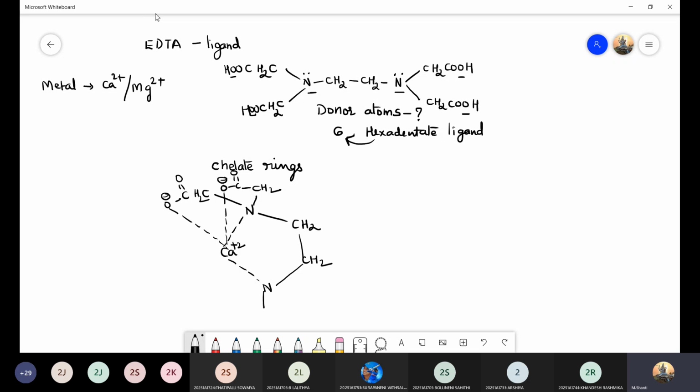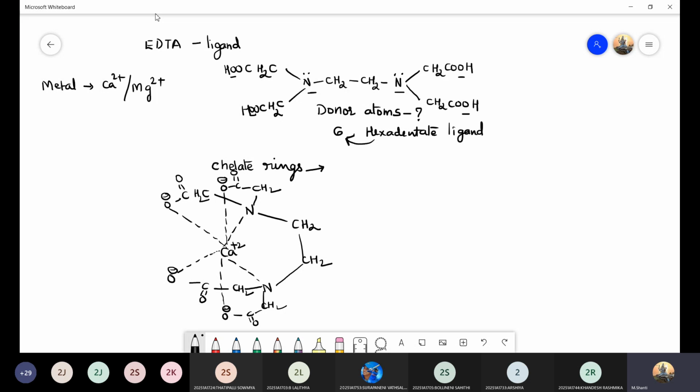And then here you have CH2, C double bond O minus, again forming a bond like this. And then you have CH2, C double bond O minus. This is also forming a bond. So this is called a chelate ring.